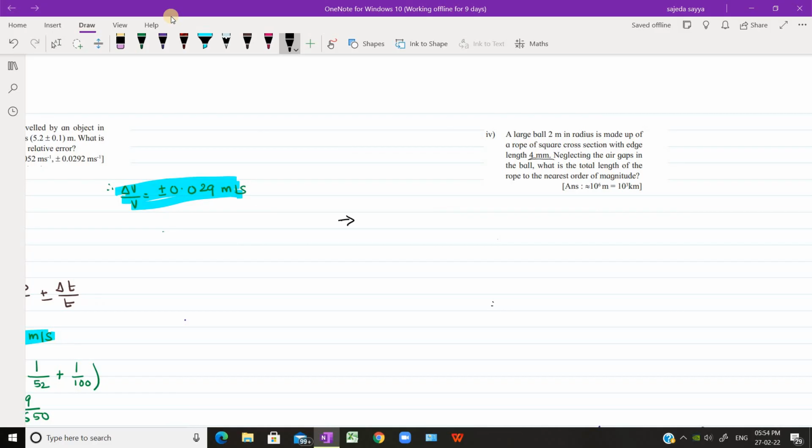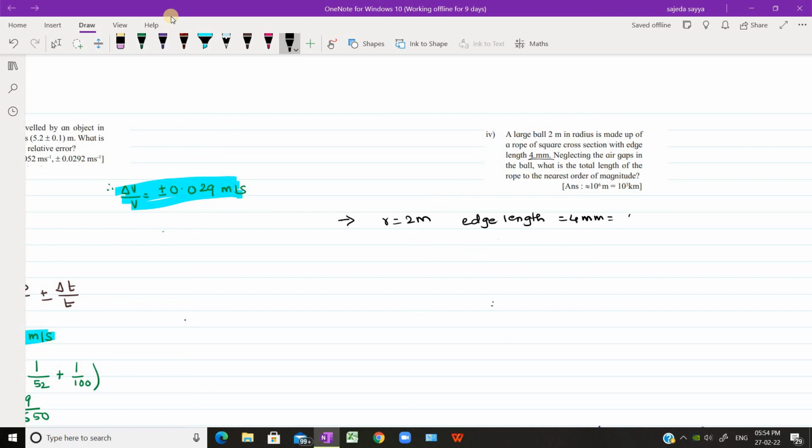So radius of the ball is given, it is 2 meter. What else is given? Area of cross section with the edge length of the square is given 4 mm.